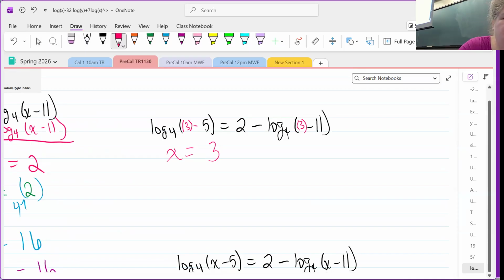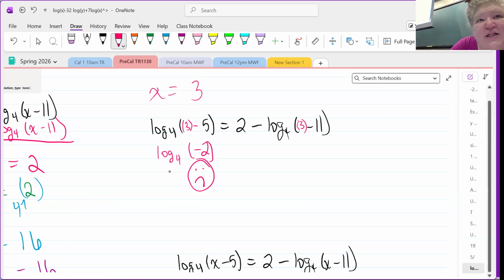And now I'm going to do the little bit of algebra or arithmetic. So this becomes log base 4 of negative 2. Nope, I can't take the log of a negative number. That right there is enough to say, nope, x equals 3 is thrown out. Over here, we also get a negative, log base 4 of negative 8.